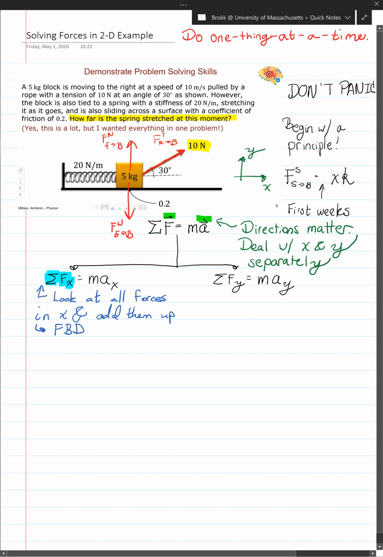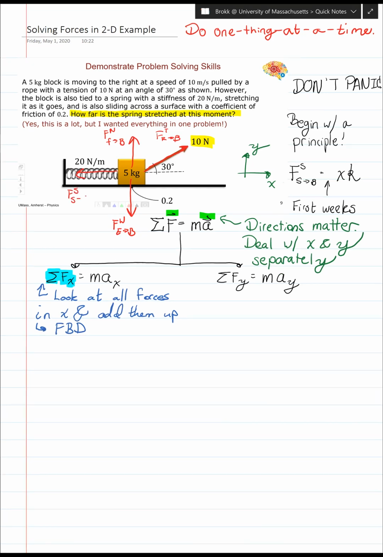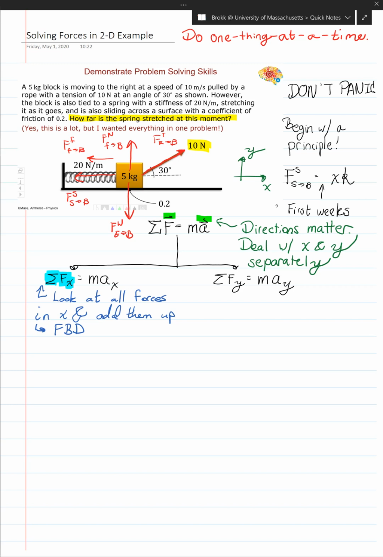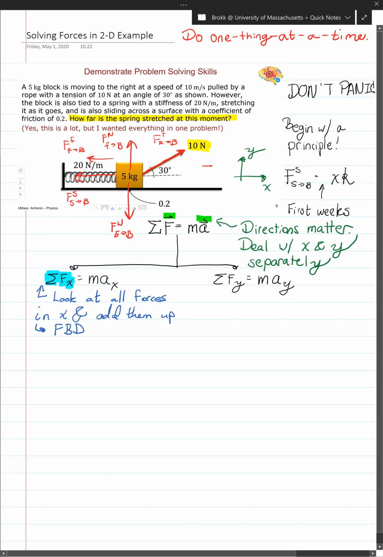We have a spring on the block pulling to the left. The block is stretching the spring as it goes. And we also have a force of friction from the floor on the block to the left, right? As it slides across the floor, there's going to be a frictional force that opposes the motion. The whole thing is moving this way.